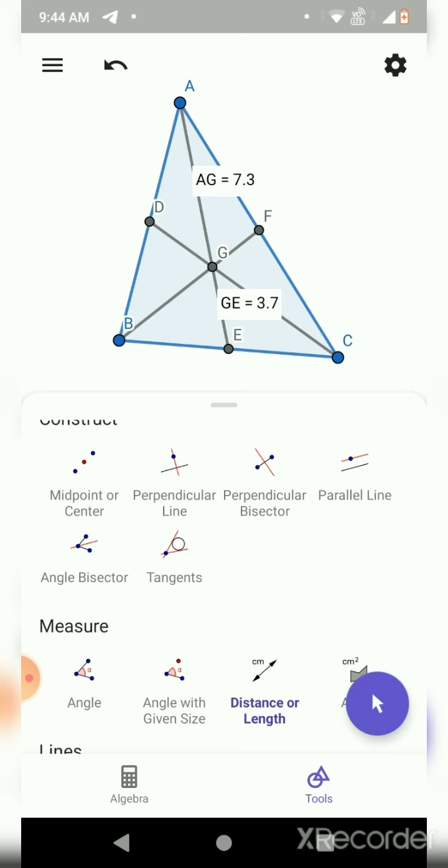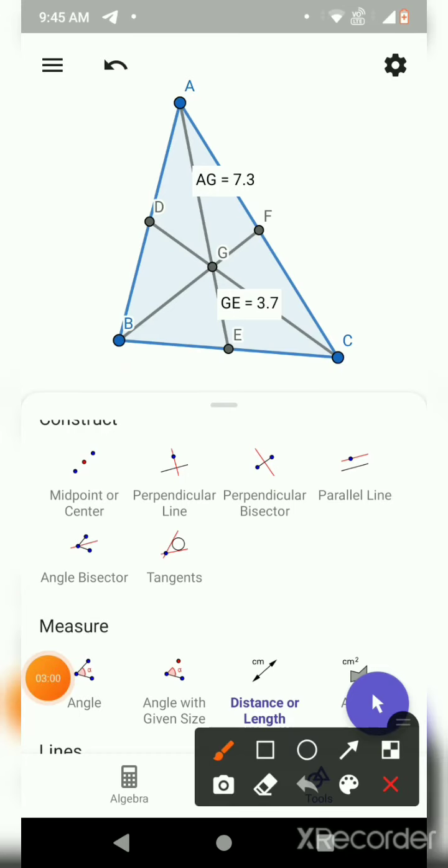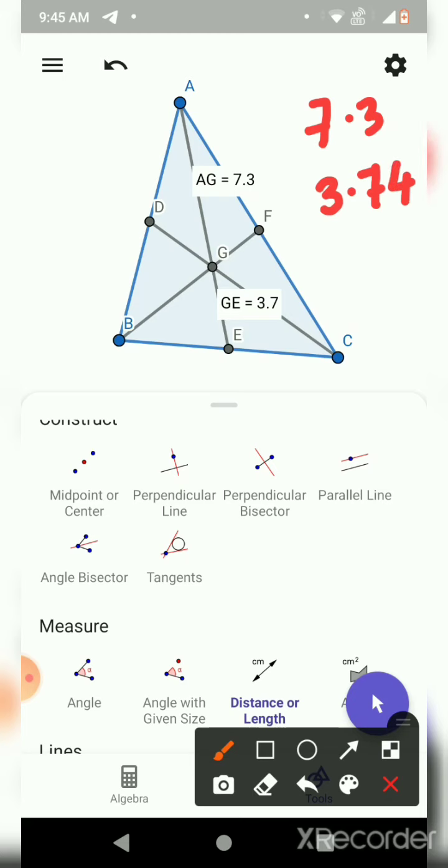Approximately. I'm not saying exactly, because in our scale the distances are given in 1, 2, 3, 1.1, 1.2, 1.3. So if we take half of 7.3, it would be 3.74. Okay, so 3.74 we cannot measure on our regular scale, so I am taking it approximately equal to 3.7.